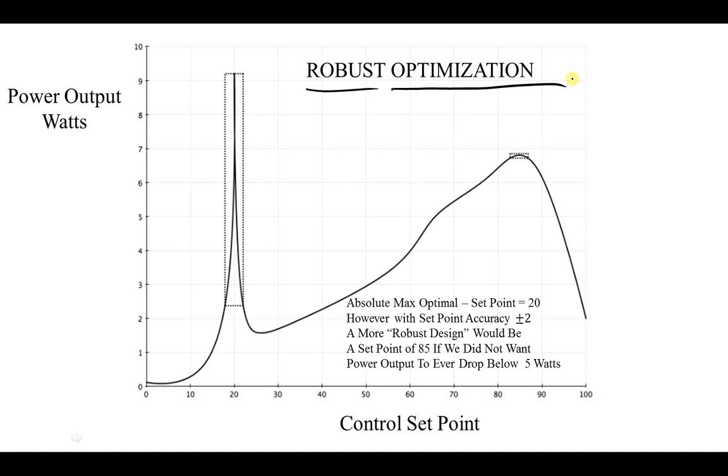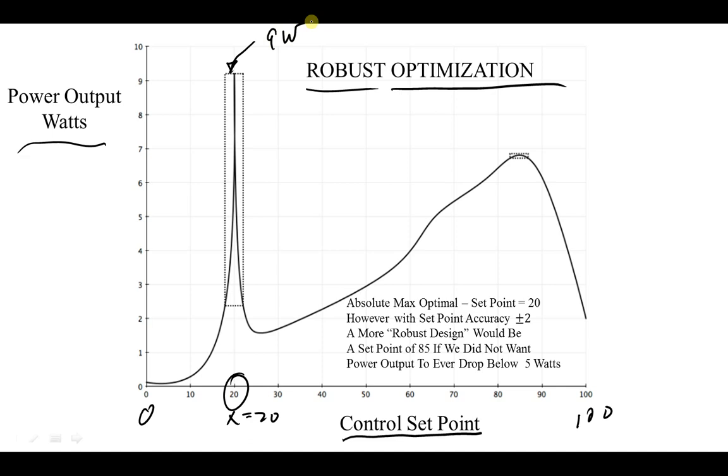Suppose you had to design some kind of power plant that was generating so many watts of power, and you had a controlled set point that could be varied between 0 and 100, and the power output function looked like this, and you wanted to maximize the power output. If you looked at just finding the absolute max, you would pick x equal 20, and you would get a maximum of 9 watts out.